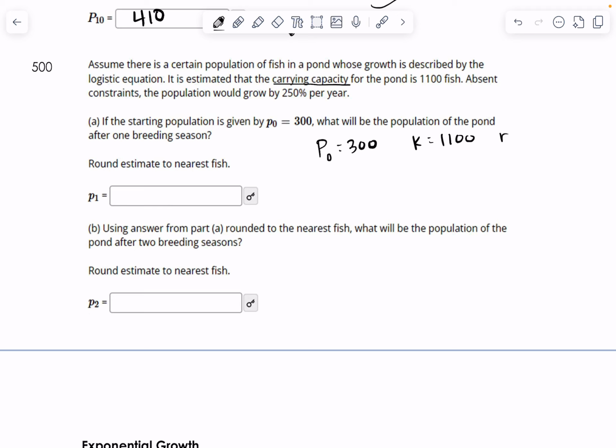And R is 2.5 when we write it as a percent. And you'll have your formula sheet.